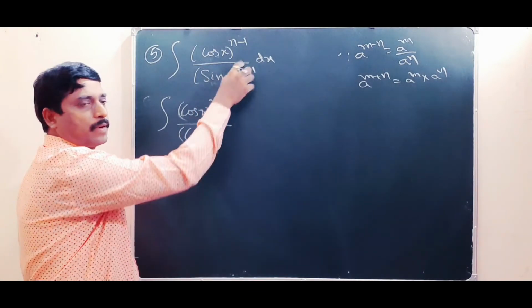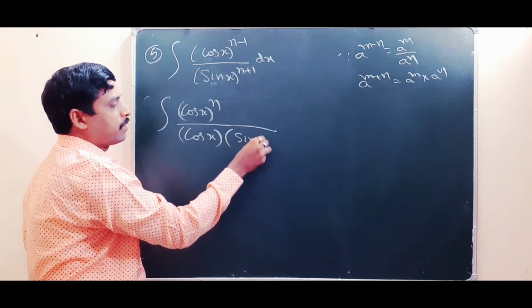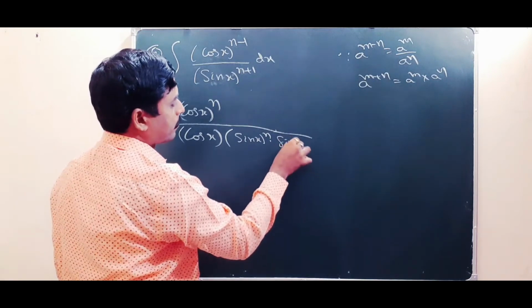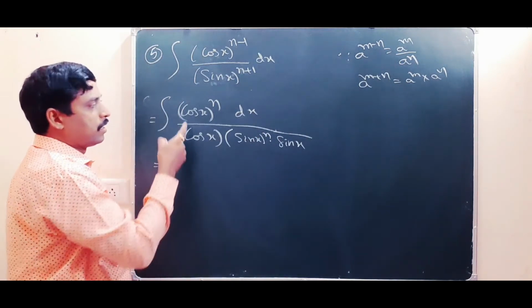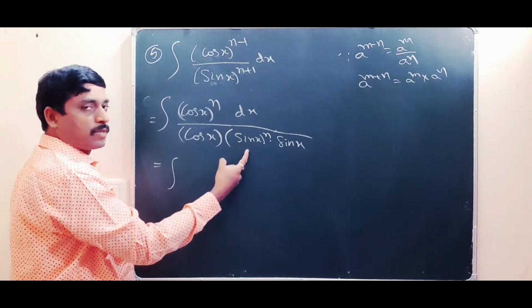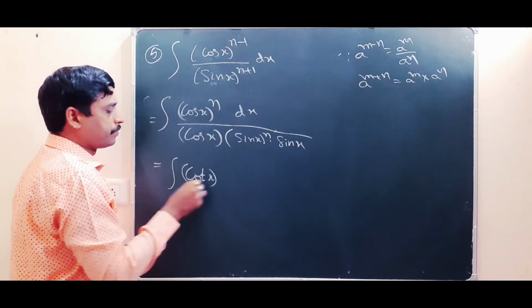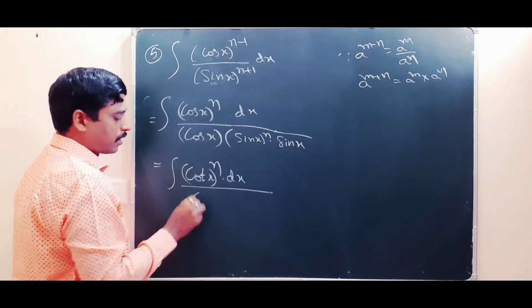Sin x to the power n plus 1 is going to be sin x to the power n into sin x. This will be the integral of cos x to the power n by sin x to the power n, which is cot x to the power n, dx upon cos x into sin x.